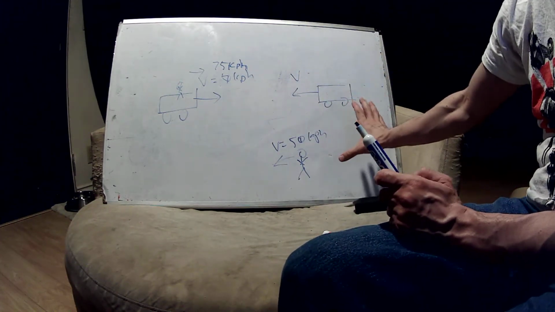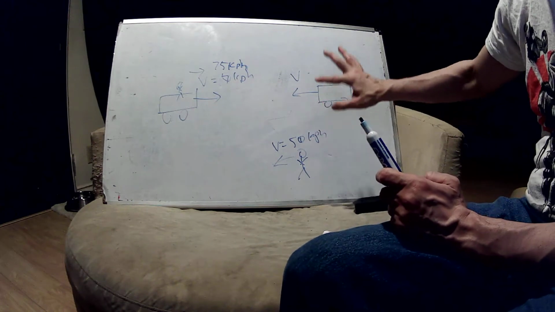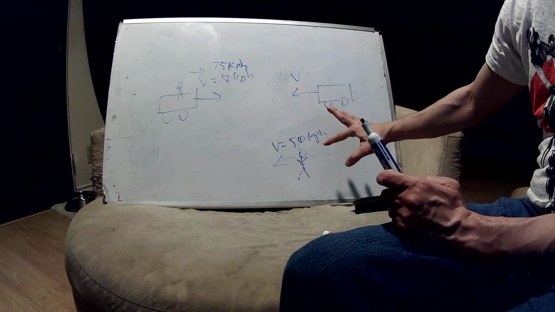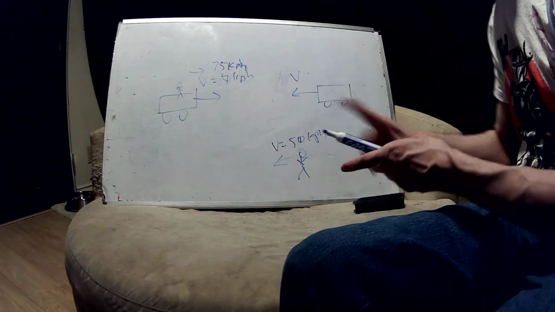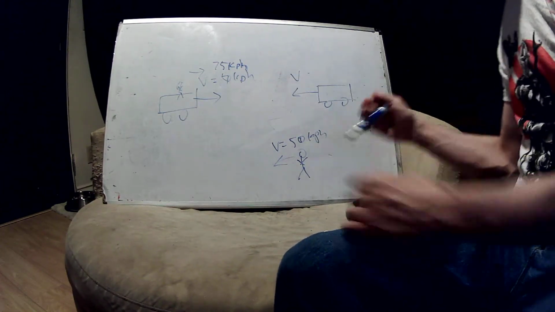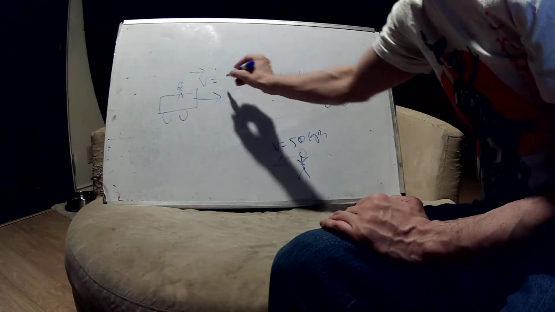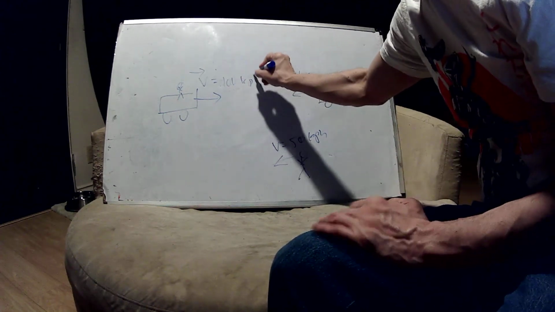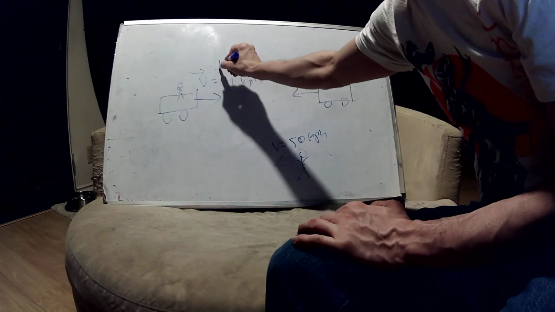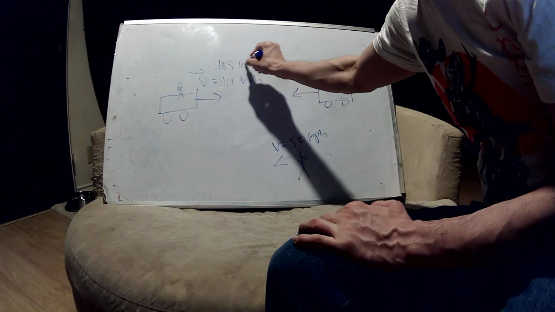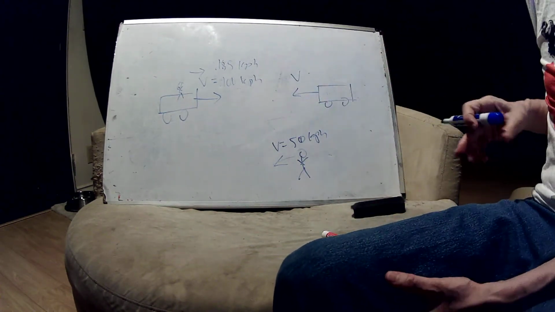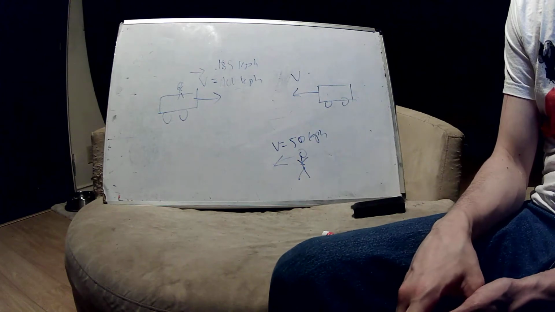You have the same frame of reference. You're not moving relative to each other. But that also means, because this other car is coming at you this way, it's going to look like it is coming at you at 100 kilometers per hour. And the ball is going to look like it's coming at you at 125 kilometers per hour, right? Because you're in opposite directions.